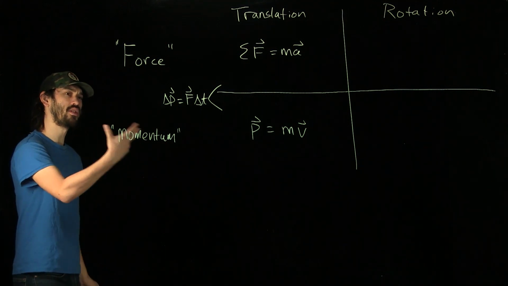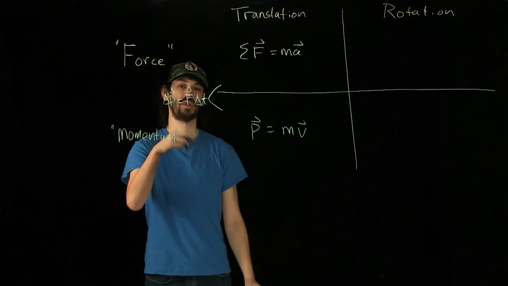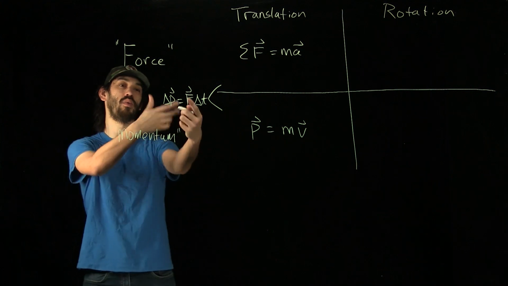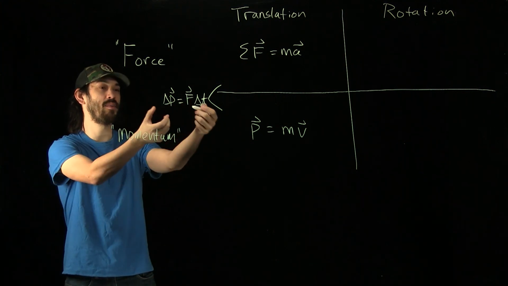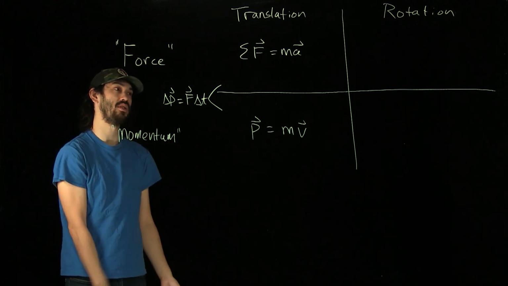Okay? So if we wanted to know what momentum a force imparts on an object, we could say, well, we apply that force for a certain amount of time, and that force times the time is going to be equal to the change in momentum.